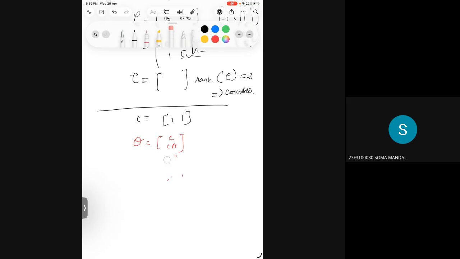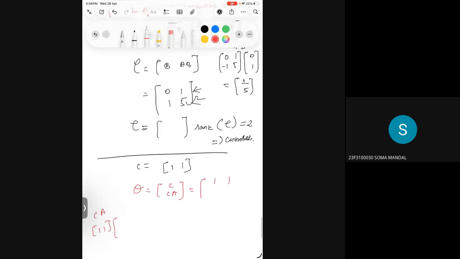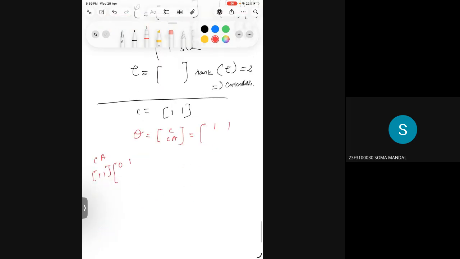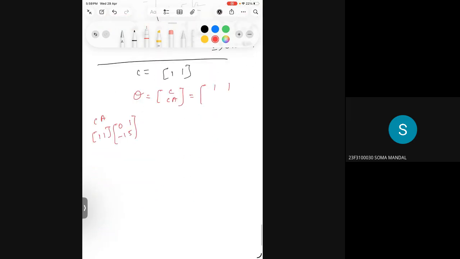Since it is 2 cross 2, I'm leaving it with CA. So C into A will be [1 1] times [0 1; -1 5]: 1 into 0 plus 1 into -1 gives -1, and 1 plus 5 gives 6. So it will be [-1 6], right?